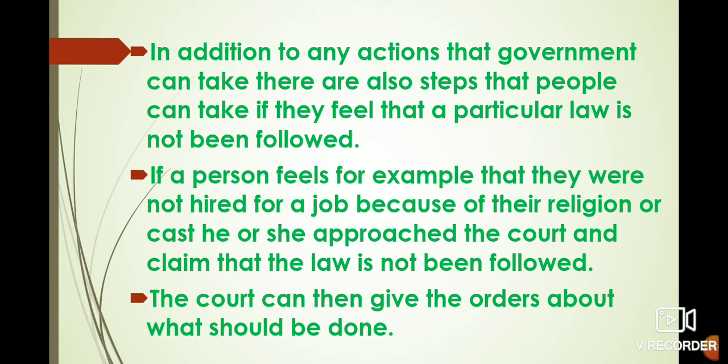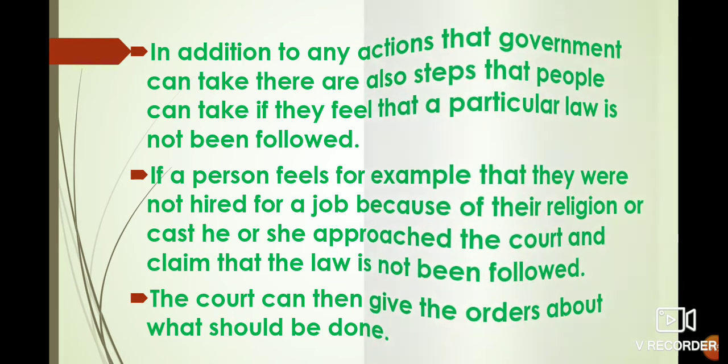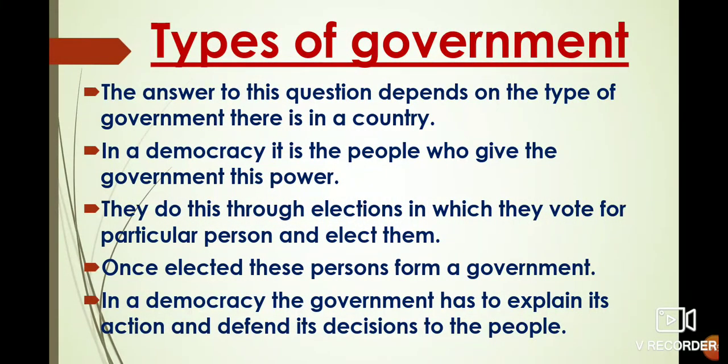Now who gave this person the authority to ask for justice? The rule made by the government, that everybody is the same in our democracy. Understood? The court can then give orders on what should be done, and decide what punishment should be given. Okay, the types of government, what are the types of government?